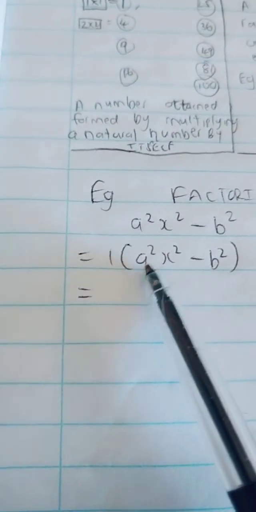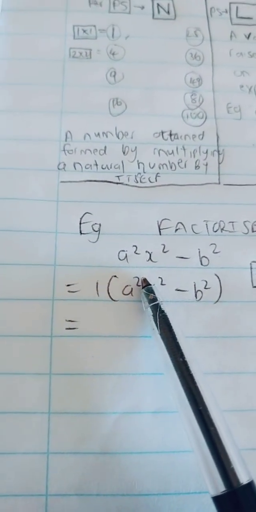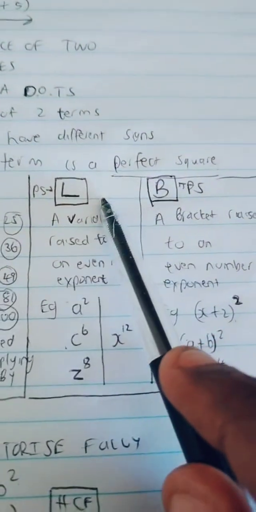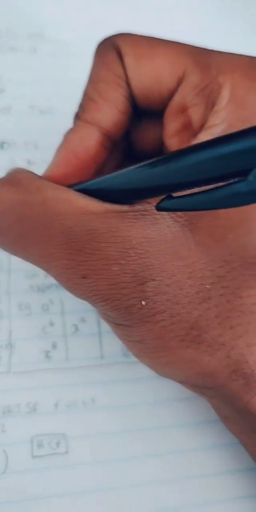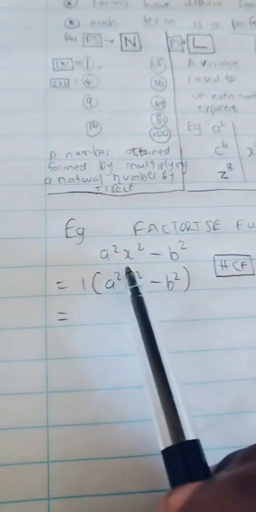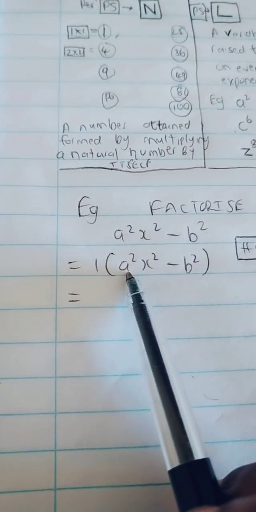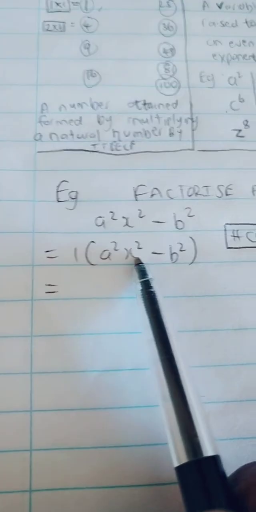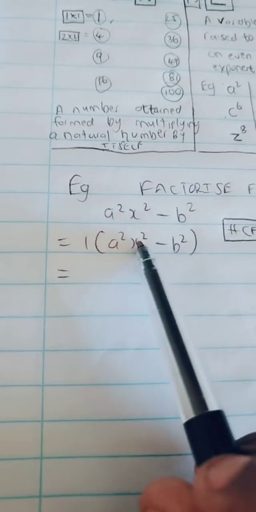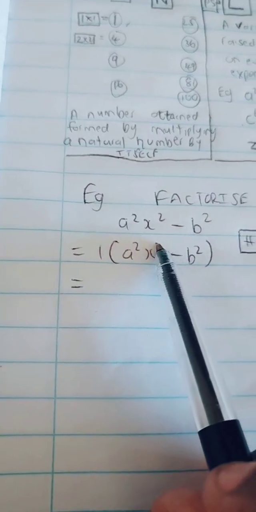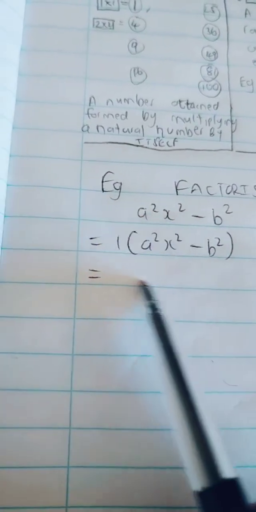Let's look at a. A is raised to an even exponent. Any letter or variable raised to an even exponent is what we call a perfect square variable. So a squared is a perfect square variable. What about x squared? As well, x squared is a perfect square variable because it is a variable raised to an even exponent. So our first term is a perfect square.